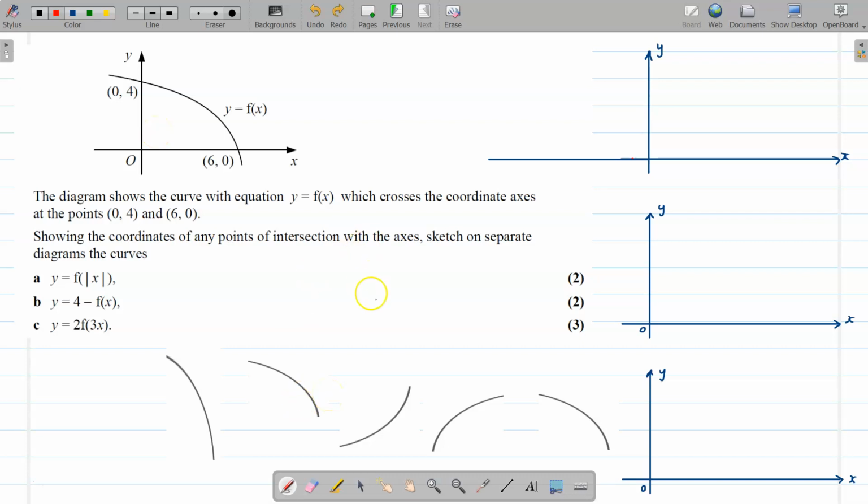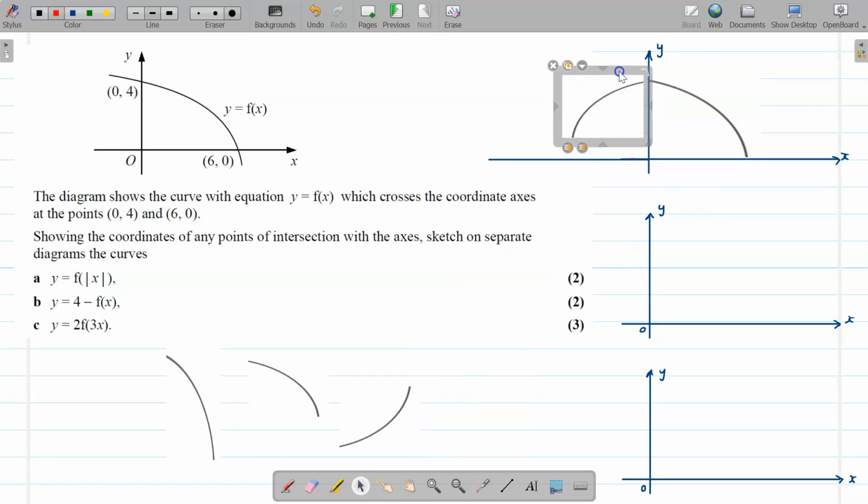Okay, now to assist with the sketching, because it's very difficult with a tablet and pen, I've drawn out these already. So if I just put this roughly in position here as being the original function f of x, so that's sitting there like that. Okay, if I just move that slightly over, and if I take the reflected part of that on the other side, it would look something like this.